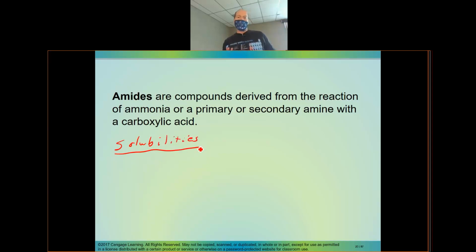All right, so a lot of questions are going to be which one is more soluble in some solvent. The general term here is like dissolves like. We did this first semester as well.